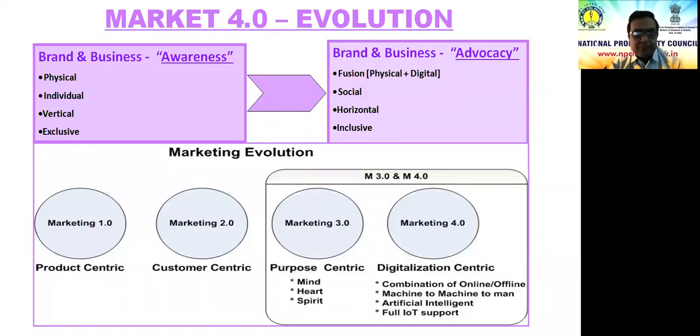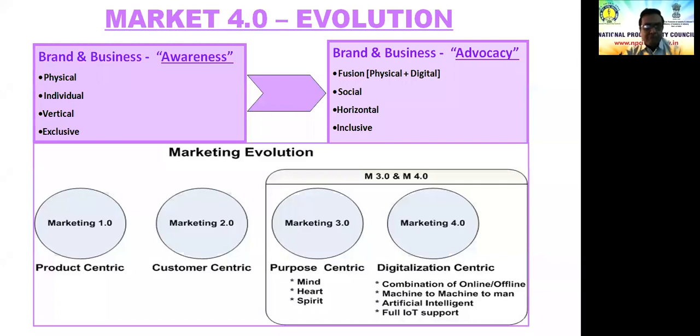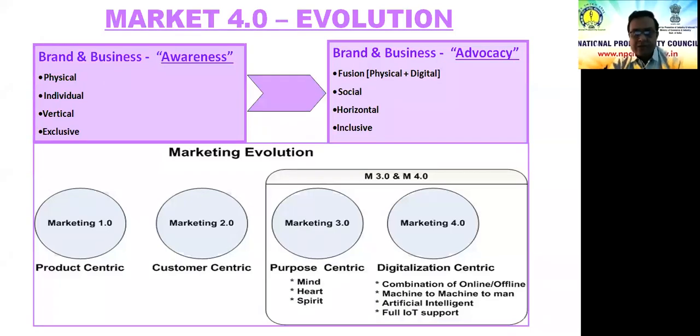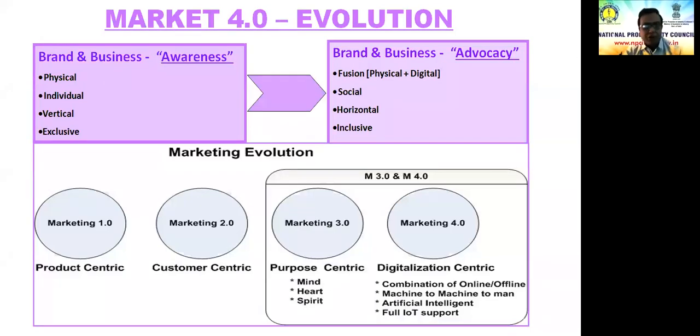When we started marketing 1.0, the first industrial revolution, it was all physical, physical, physical. We were discussing steam-powered engines, and we were talking about powered looms and all those things. It was all physical. So a transition from physical to fusion. Fusion meaning a combination of physical and digital.